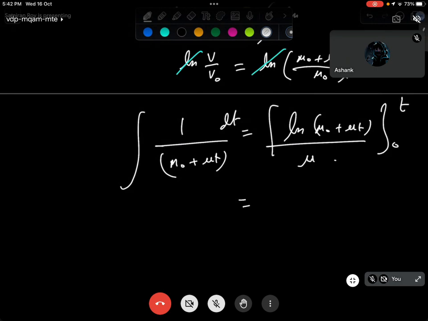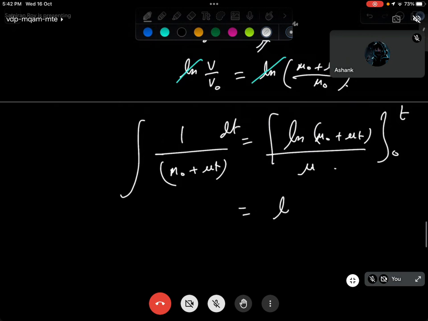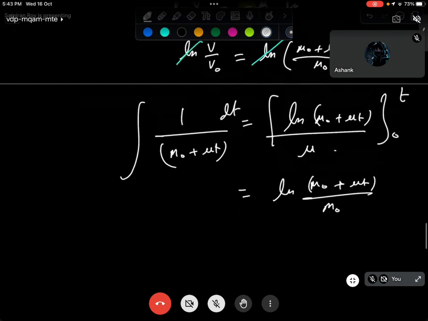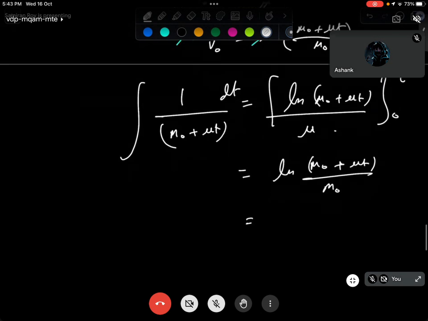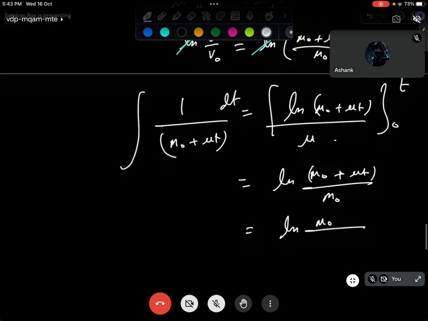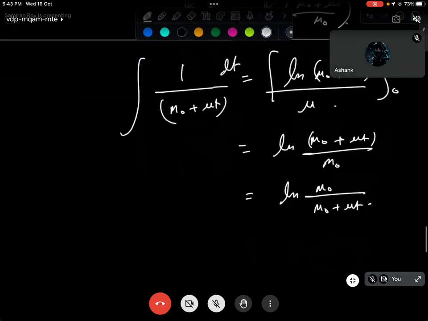If you write 0 to t, you get ln of m0 plus mu t by m0. If you take the reciprocal, you get ln of m0 by m0 plus mu t, that is equal to ln v by v0.